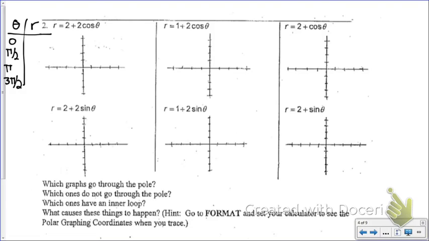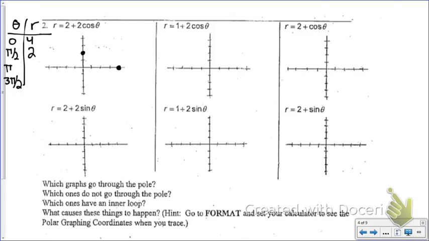So if I plug in 0 for theta, the cosine of 0 is 1, times 2 is 2, plus 2 is 4. So at 0 degrees, I have a radius of 4. If I plug in pi over 2, the cosine of pi over 2 is 0, 0 plus 2 is 2. So at pi over 2, I'm at 2. Now let's look at pi. The cosine of pi is negative 1.